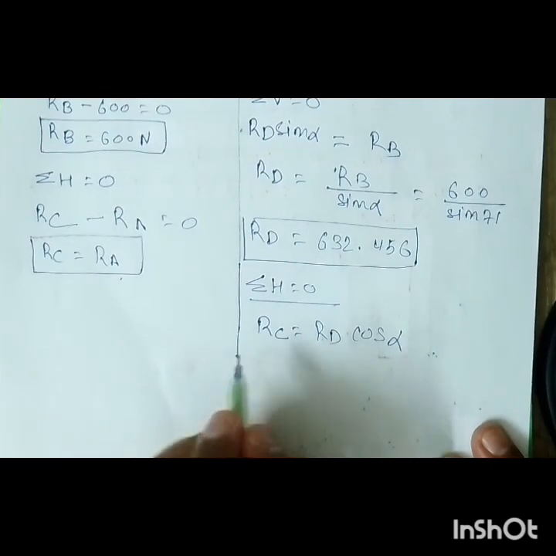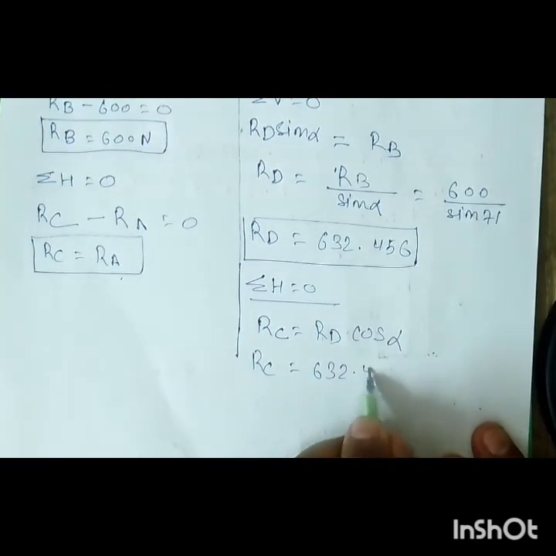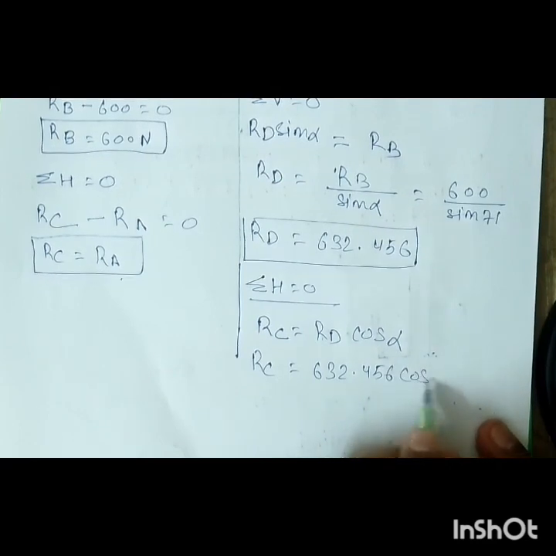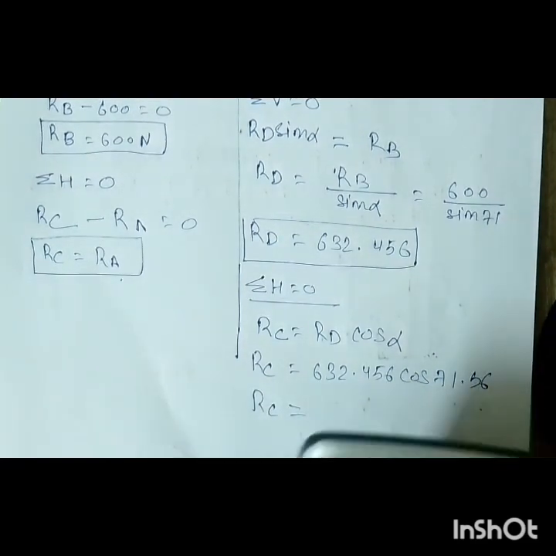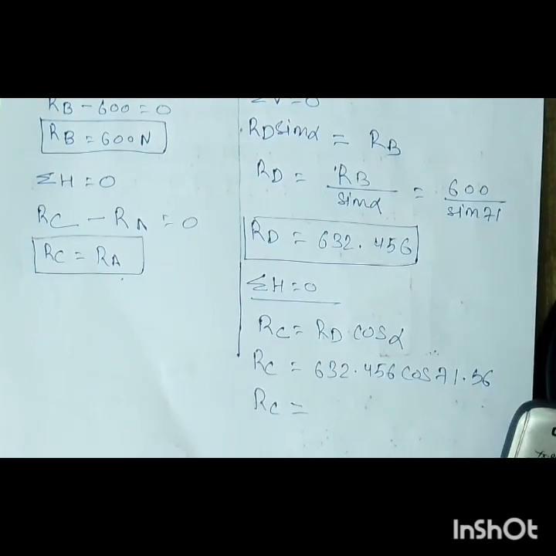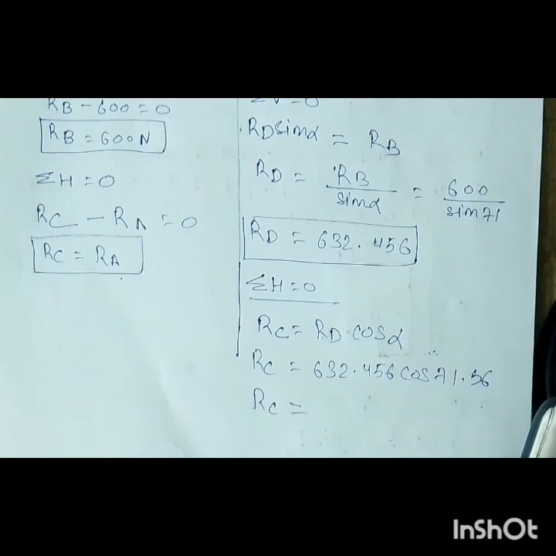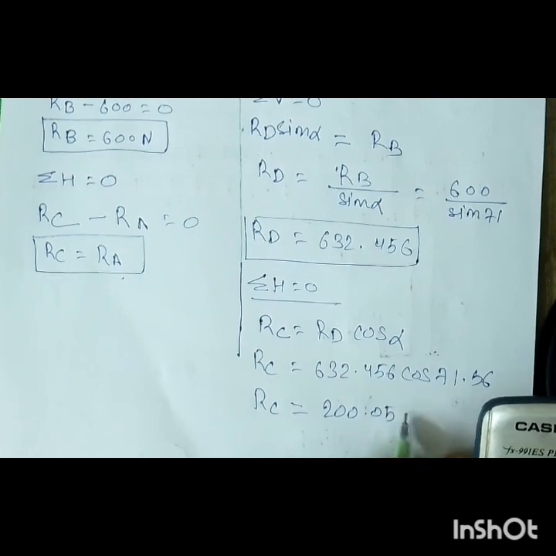So RD you already got. So RC is equal to 632.456 cos 71.56. So this we got as 200.05 Newton.